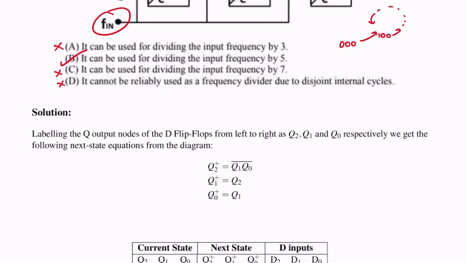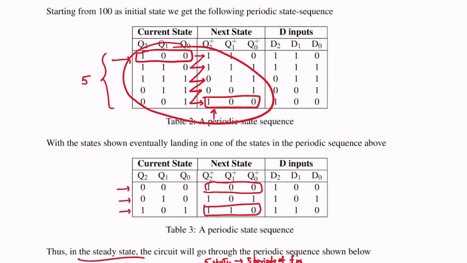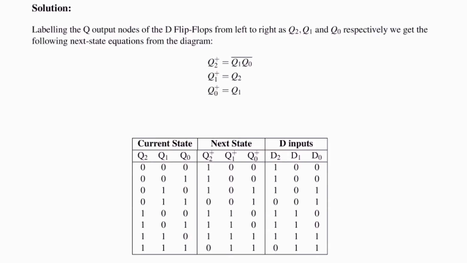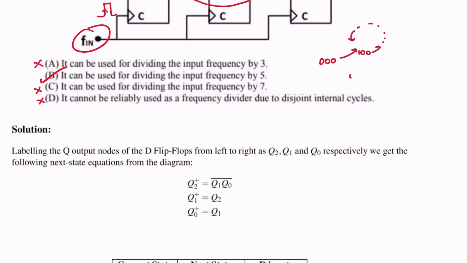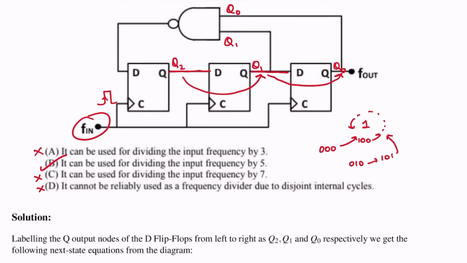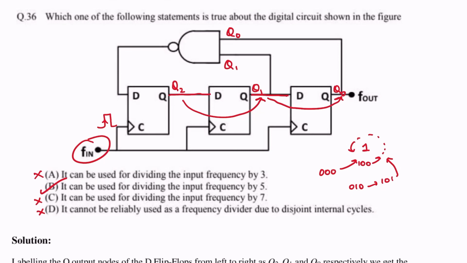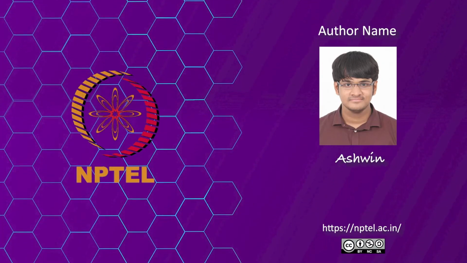And if you start at 010, you will go to 101, going to a state in the periodic cycle. So there is only one cycle internally, not multiple disjoint internal cycles. So the correct answer to this question is B.